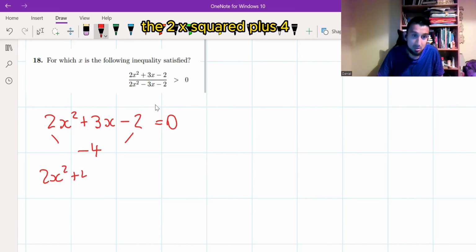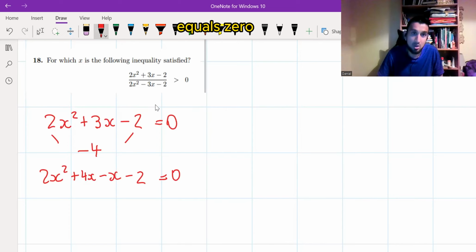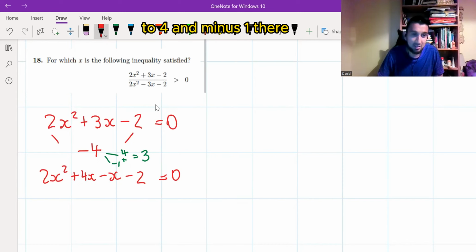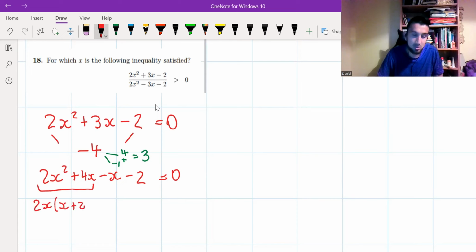So 2x squared plus 4x minus x minus 2 equals 0. So we're picking from here the 4 and minus 1 as they add to 3. Okay, so that's why we split it into the 4 and minus 1 there. And then we factorize the first two to give 2x times x plus 2.